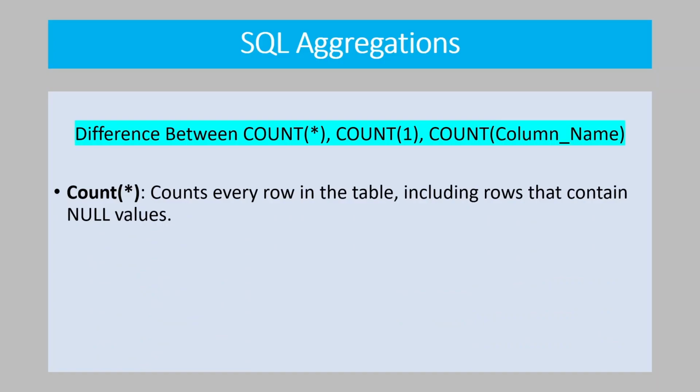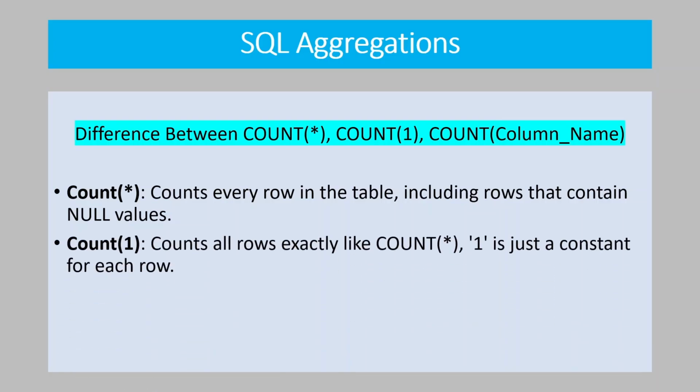Count star counts every row in the table, including rows that contain null values. Even if a row has null values, it still counts it.